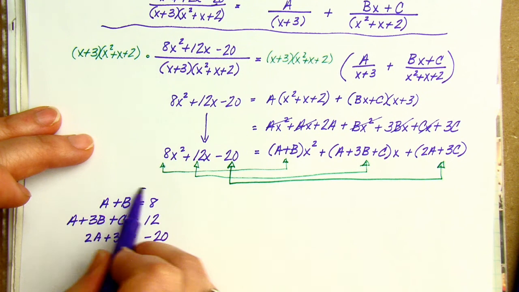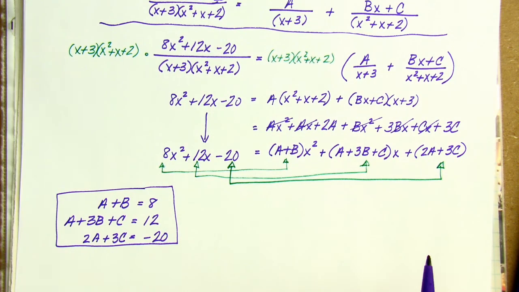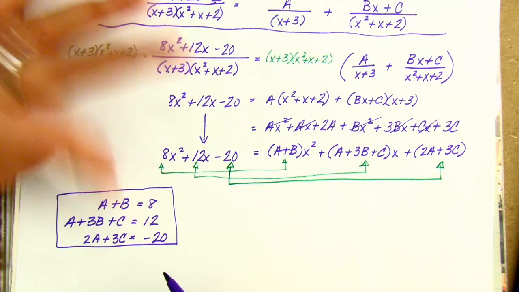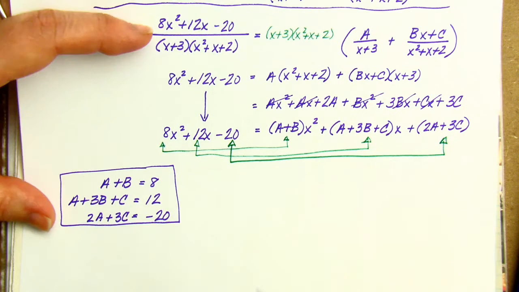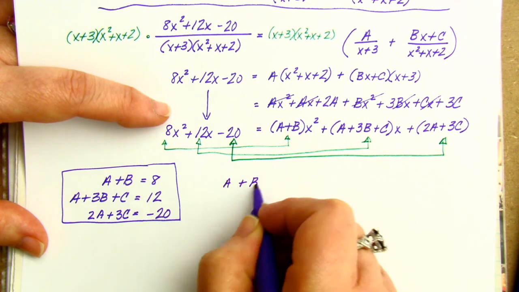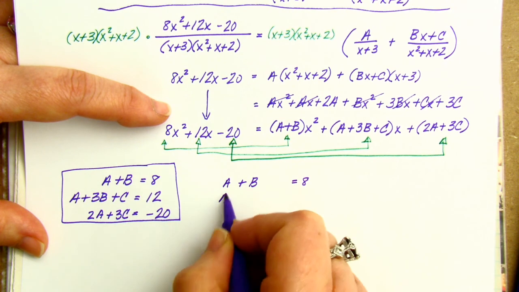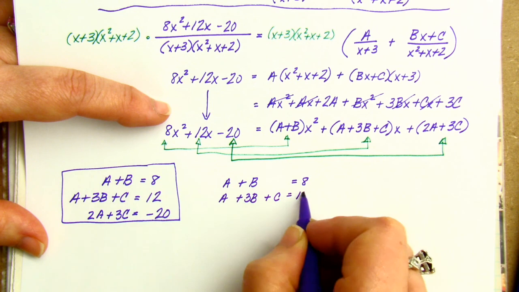Now, this system is a little bit longer to solve because we don't know what a, b, and c are. To be able to solve, substitute into one of these smaller models. This has an a and a b, this has an a and a c, so that's not going to work. So I'm going to put equations 1 and 2 together and get rid of a. A plus b equals 8. A plus 3b plus c is 12.